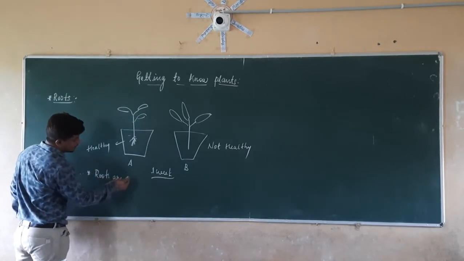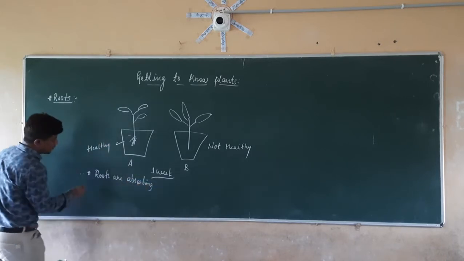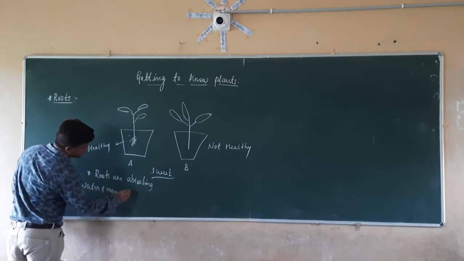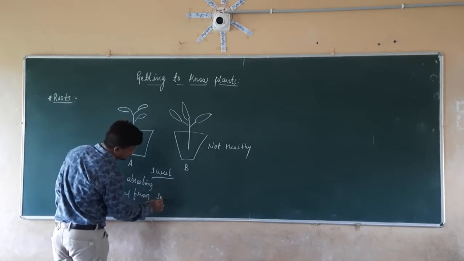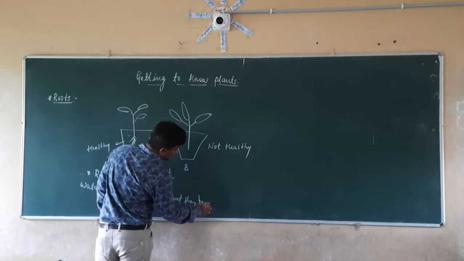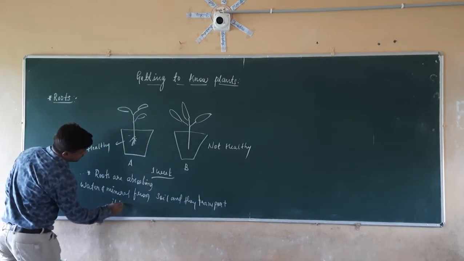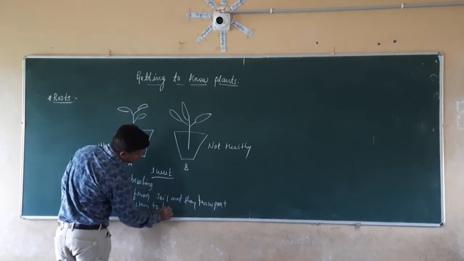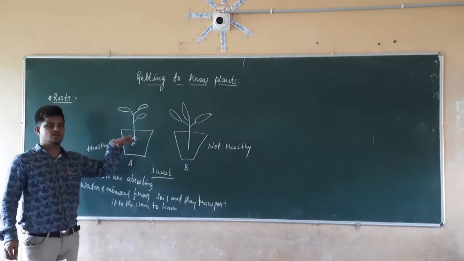Roots absorb water and minerals from soil, and they transport them to the stem and leaves. Without root, it is not possible that these plants will get the water.